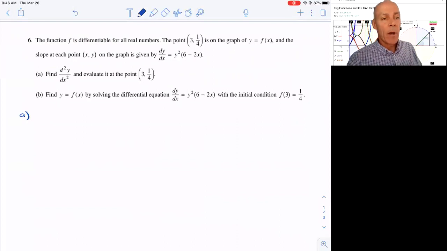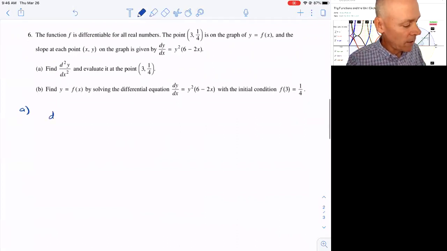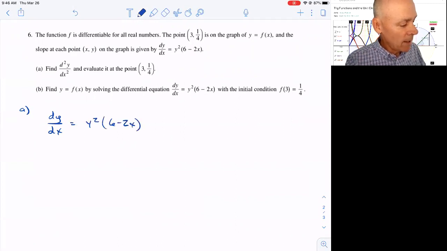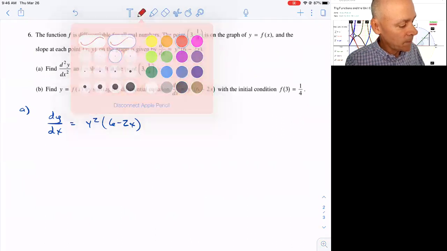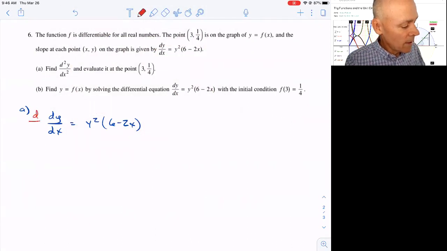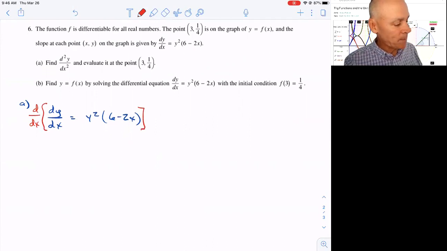So part A, we're asked to find, again, the second derivative. What we're going to do is start with the first derivative, our differential equation, dy/dx equals y squared times 6 minus 2x. In essence, what we have to do is take the derivative with respect to x of both sides of my equation.